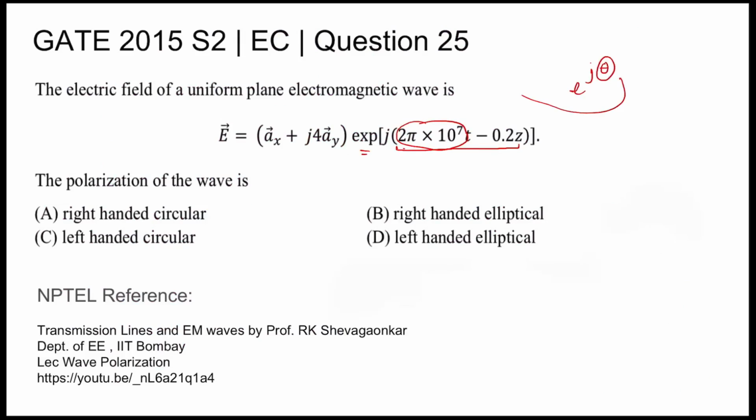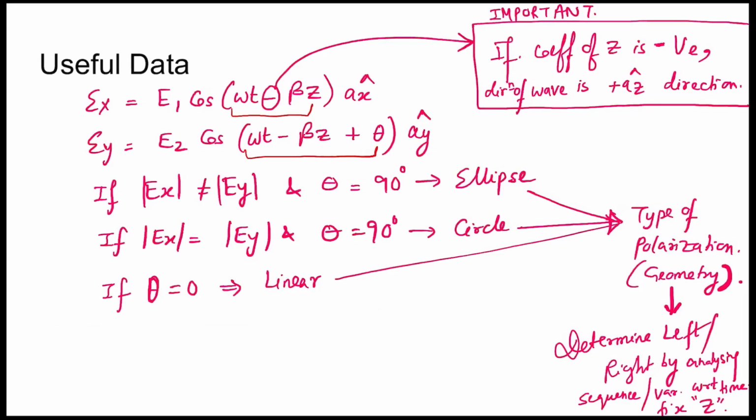This is the phase information. So in that you have the time varying quantity and the propagation direction. From here you can analyze it is moving in the z direction, and then in the plus z direction.